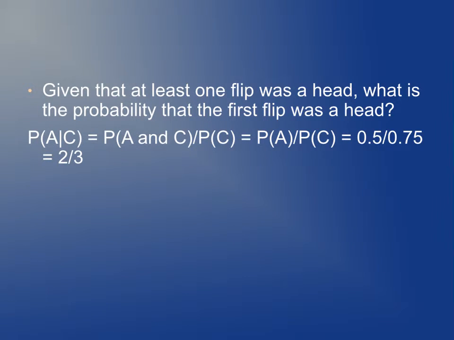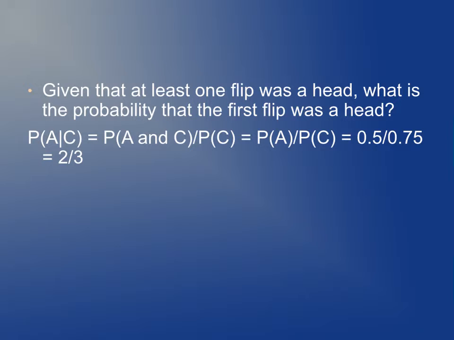What if we wanted to calculate the probability that, say we know at least one flip was heads, the first flip was heads? Well, in that case, we can use the conditional probability rule. We want to find the probability the first flip is heads, given that at least one of the two flips is heads. Using the conditional probability formula, we want the probability that the first flip is heads and there's at least one head, divided by the probability that at least one flip was heads.